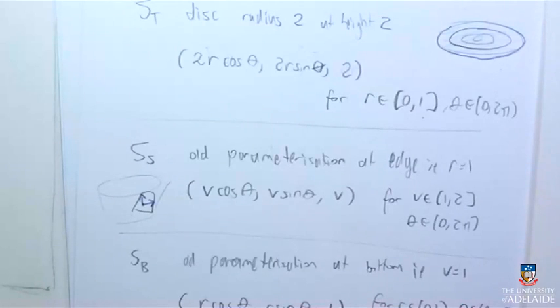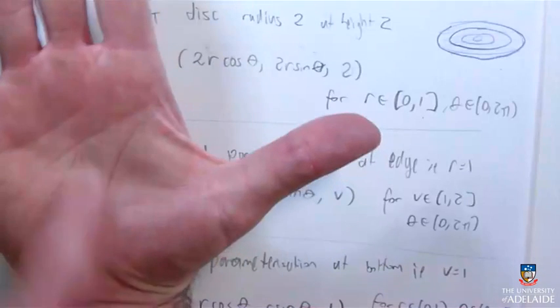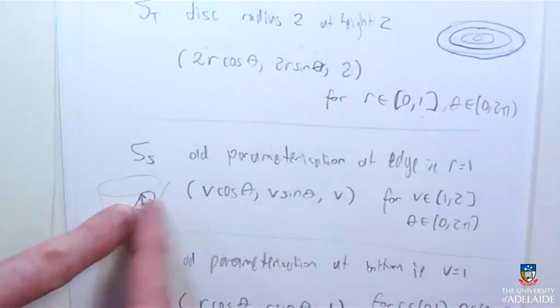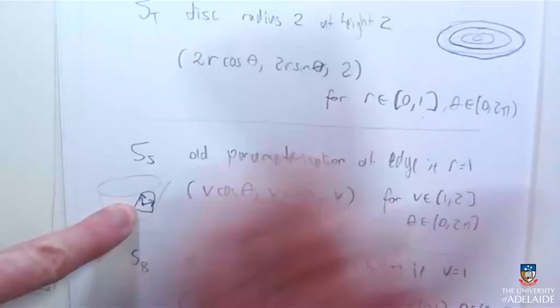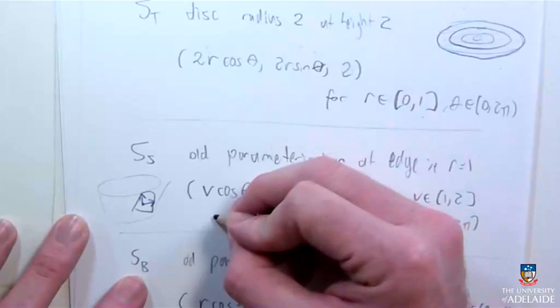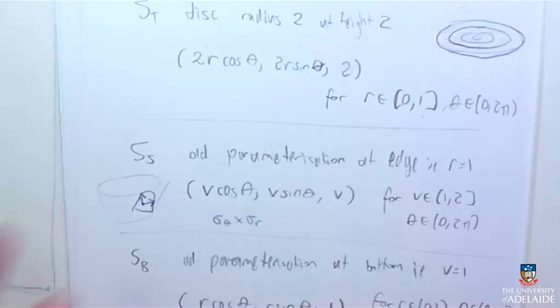I just need to know which one to do first. Sigma sub v would be the correct normal, pointing outwards, and that direction follows around the circle, which is what the theta is doing. So I reckon I'm going to need to do it this way to get that in the correct direction.